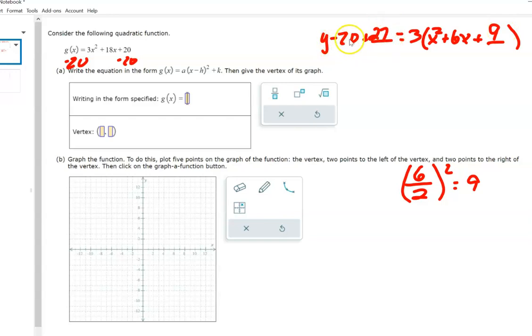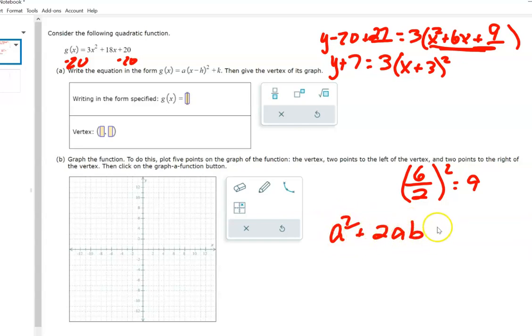And now I have y minus 20 plus 27, which equals y plus 7, equals 3 times, and then this is a perfect square trinomial, which I can write as x plus 3 squared. For that one, all I'm using is the formula a squared plus 2ab plus b squared, because that can be rewritten as a plus b squared.